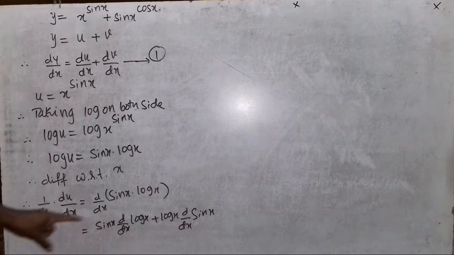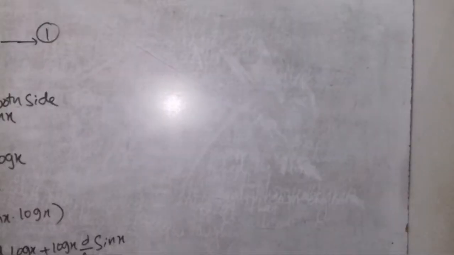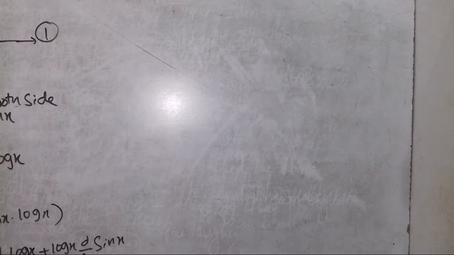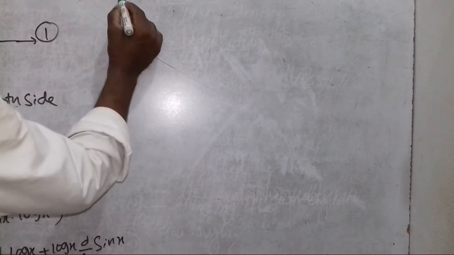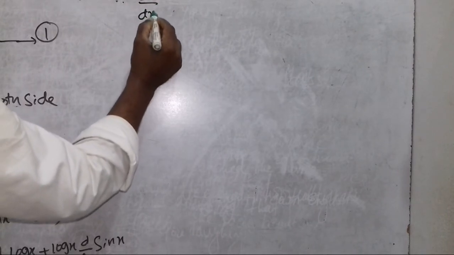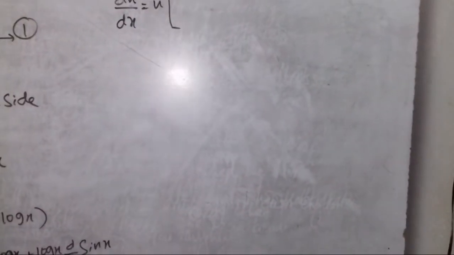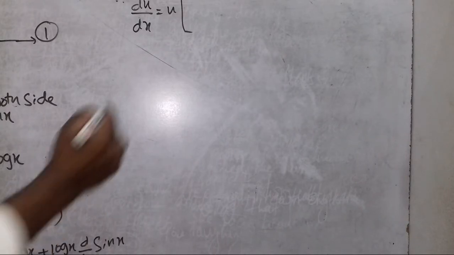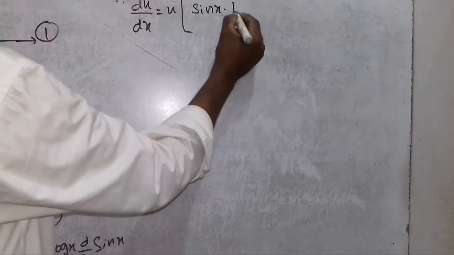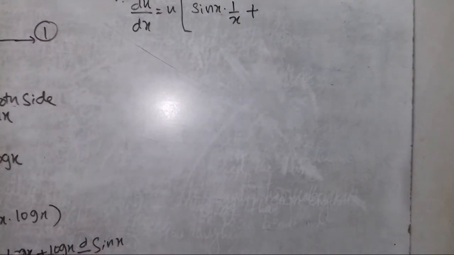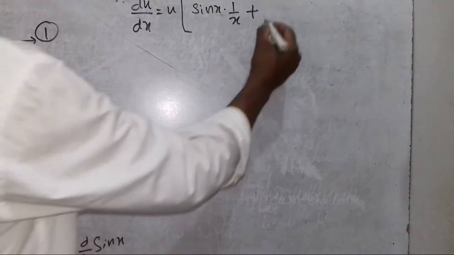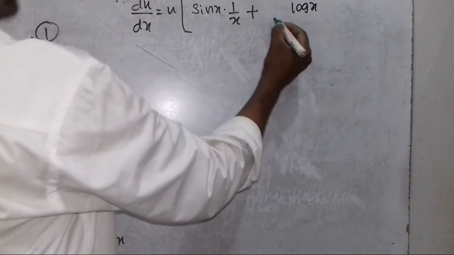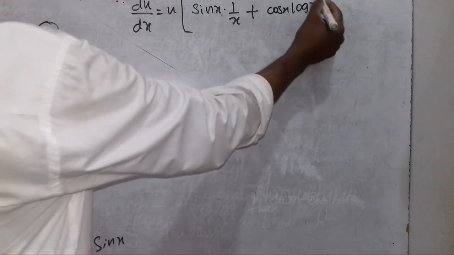So now du by dx equal to u into bracket. The derivative of log x is 1 by x, so sin x into 1 by x, plus log x, and the derivative of sin x is cos x.